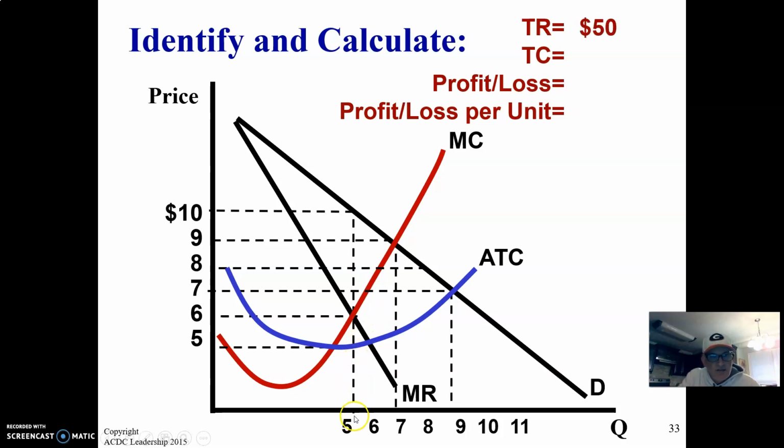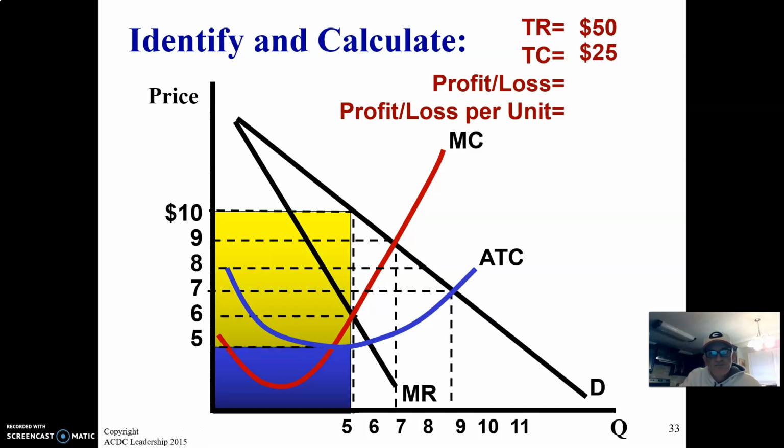Our total cost, we're going to produce 5. Our total cost is now here, which is $5 times 5 units. So our total cost would be $25. That's located right there. All right, and then we get our profit or loss. We get a profit of $25.